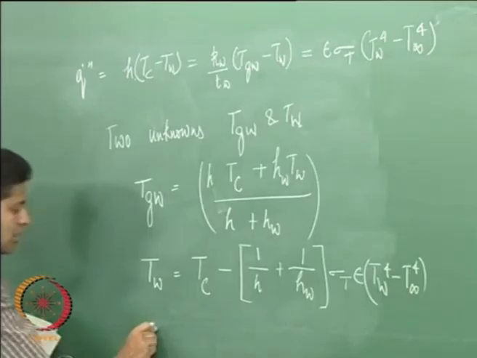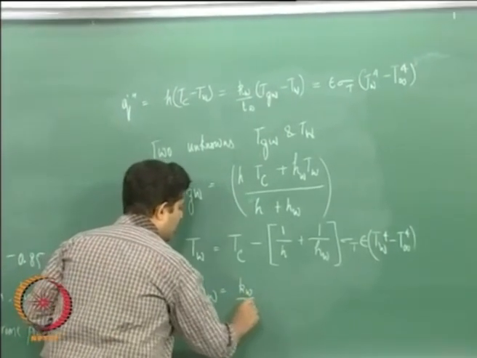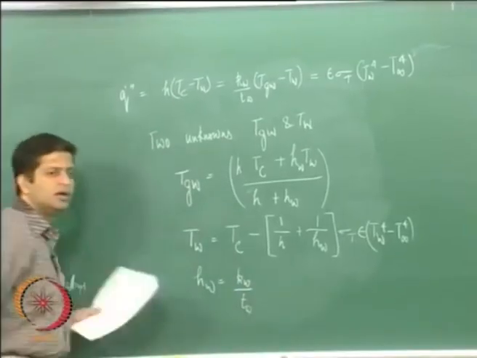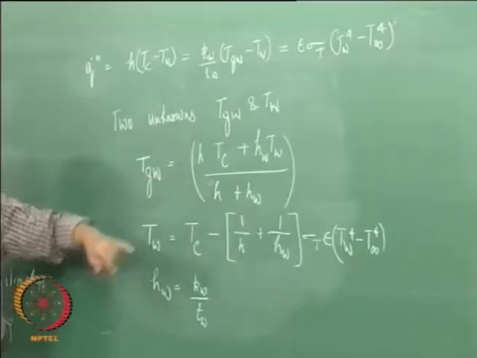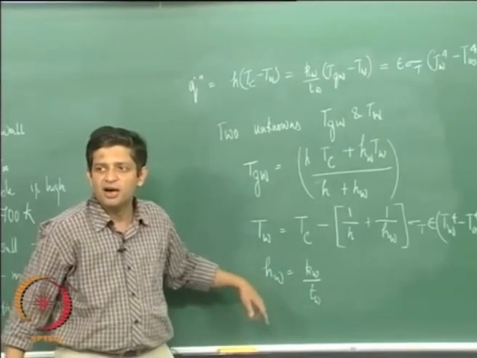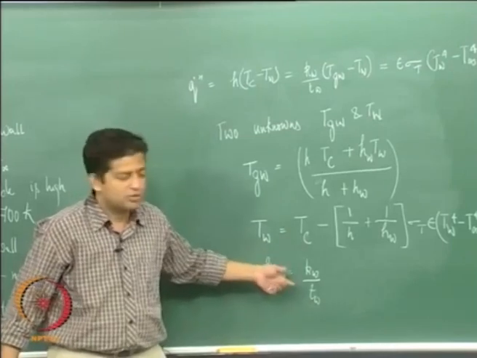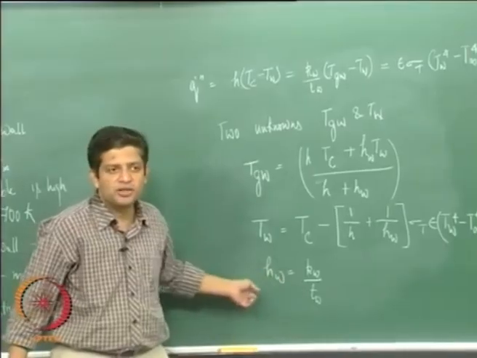Where H wall is nothing but K wall by the wall thickness. If you look at the units, the convective heat transfer coefficient and thermal conductivity will have a meter term in the denominator. So, if you divide it by a length scale, then you will get both the units to be the same.